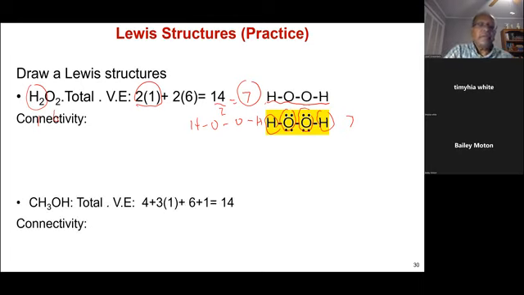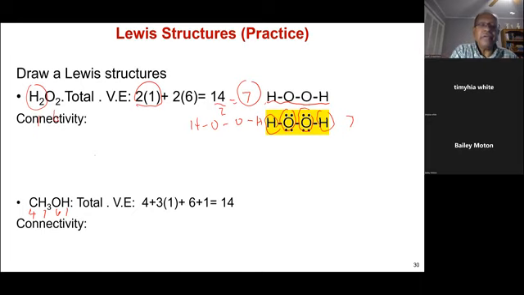Now carbon has 4 valence electrons, hydrogen has 1, and oxygen has 6. I'm going to the periodic table to see how many electrons are in the valence shell, the outermost shell.